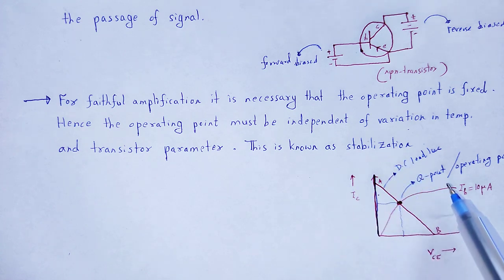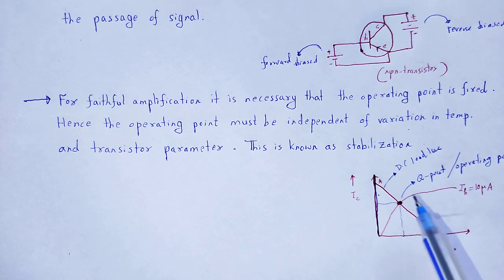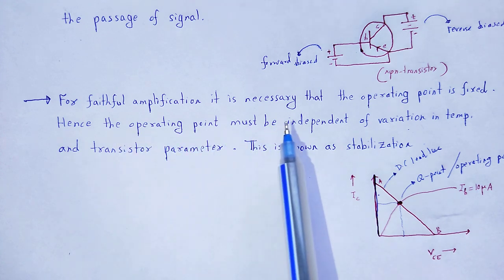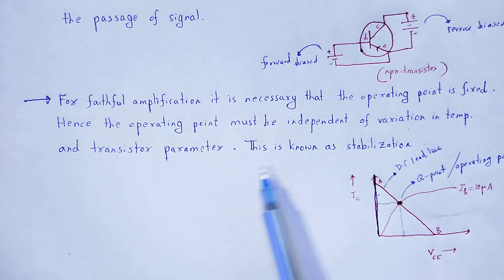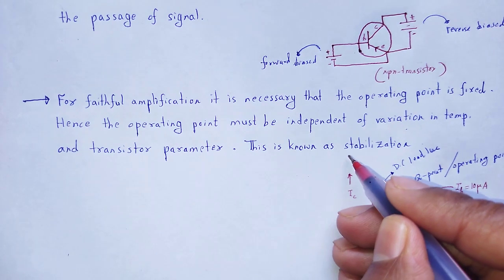If any variation occurs to the Q point, then the action of the transistor does not hold good. In the sense, we say the biasing is totally affected. Hence, the operating point must be independent of variation in temperature and transistor parameter, and this is known as stabilization.